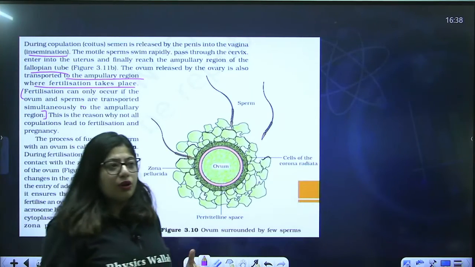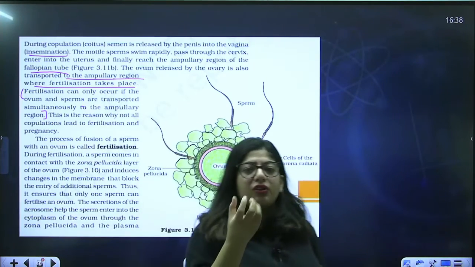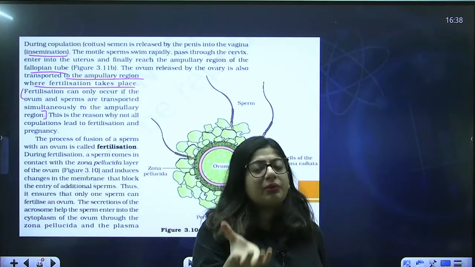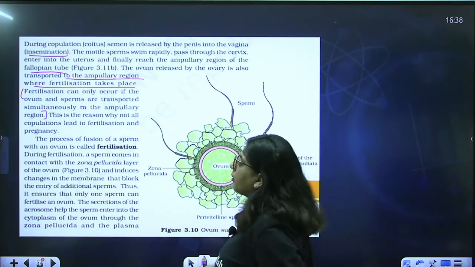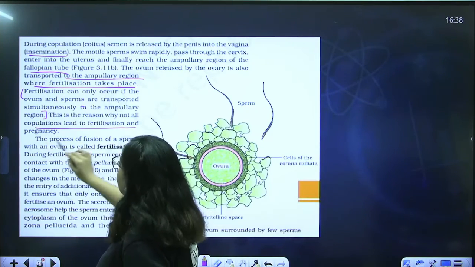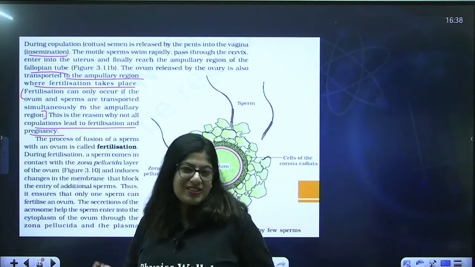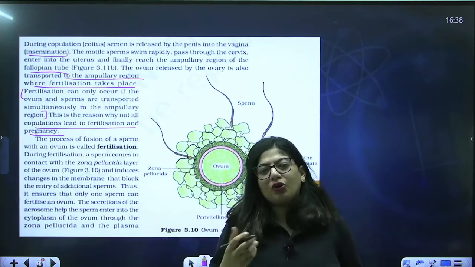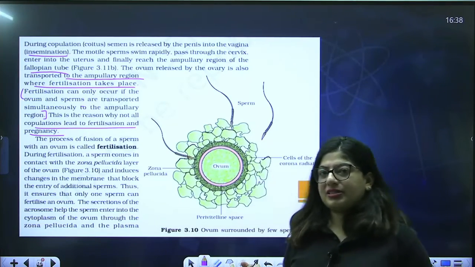This is what I have told you. If both meet at one particular point at the same time, only then fertilization will occur. This is the reason why not all copulation lead to fertilization and pregnancy. So because it's a probability, not all fertilization can lead to pregnancy, okay?